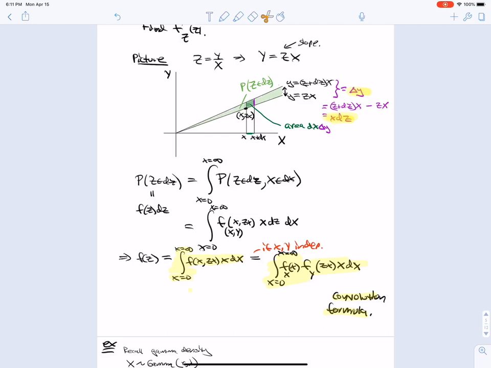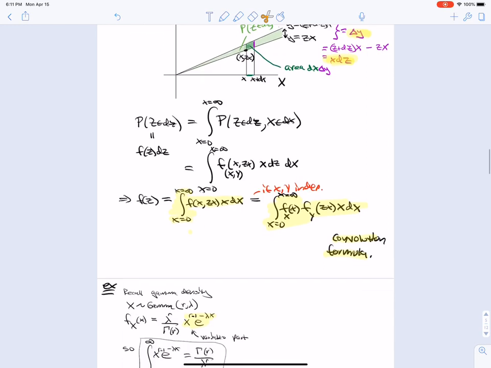And that is the probability that Z is in dz. So that gives us the convolution formula that the density f of z is the integral of f(x, zx) x dx, and you can split up the joint if X and Y are independent.